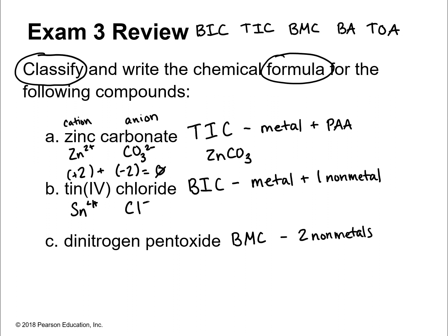So it's a -1. If I took 1 tin and 1 chloride, I would not get 0. So I have to do my swapping trick.